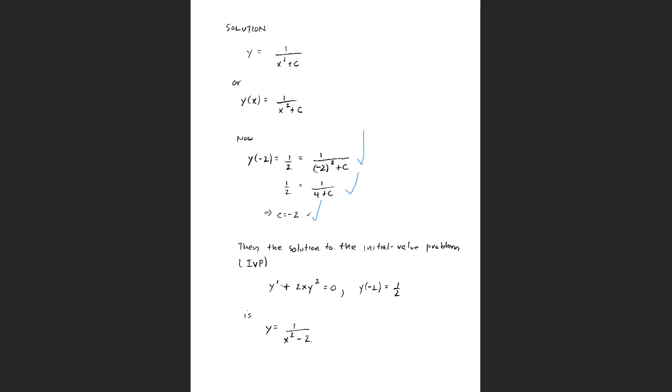And so we can say the solution to this initial value problem, again, the initial value problem has a differential equation and an initial condition on the solution, is y equals 1 over x squared minus 2. Okay, are there any questions so far?